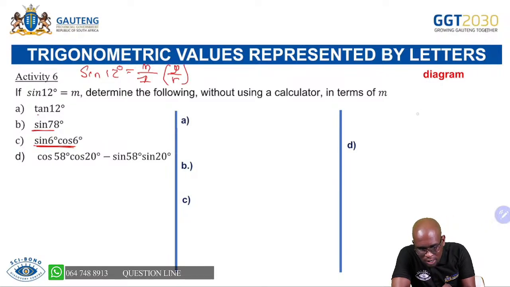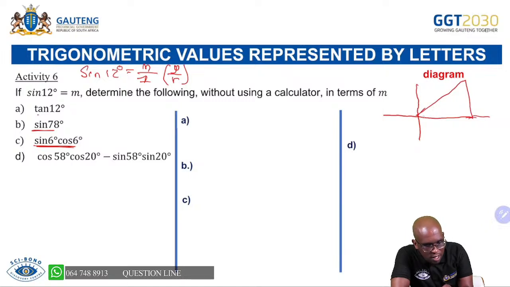So we are then going to draw our diagram in the first quadrant. We know the angle is 12 degrees, it's acute. And then from there, sine is y over r. y is m, r is 1.